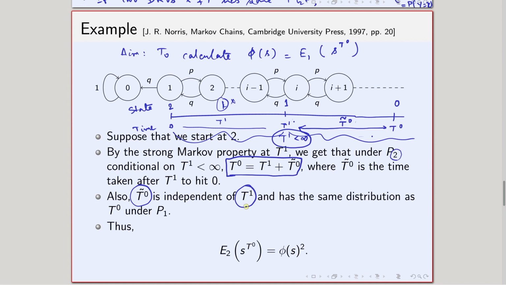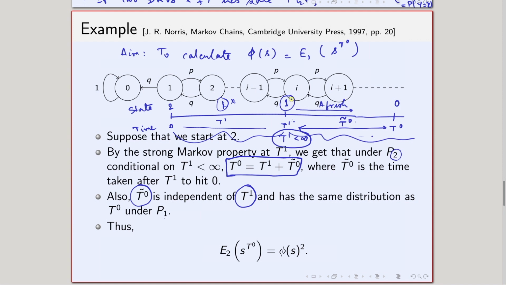Moreover, a very important thing is that the distribution of t0 tilde is the same as starting from 1 and hitting 0. Why? The reason is that I have already reached 1 here, and the strong Markov property says that the Markov chain starts afresh here. The only thing is that it is starting from 1.